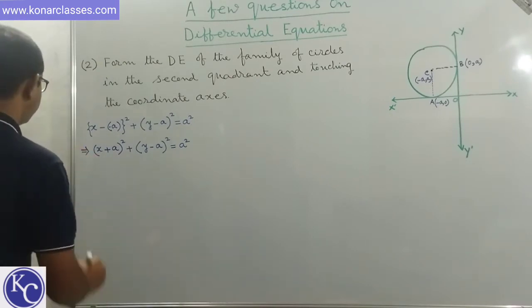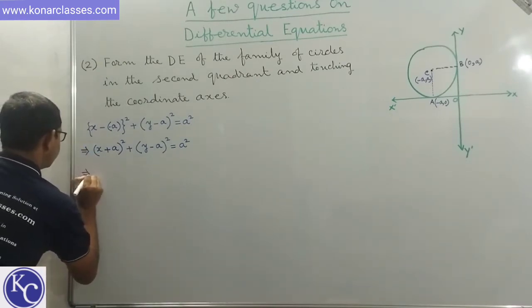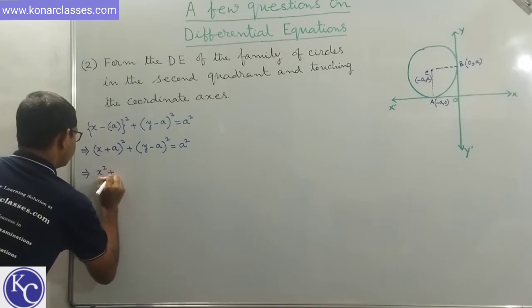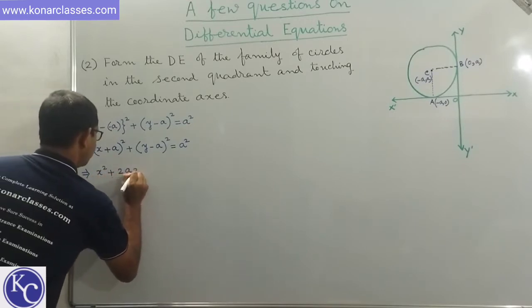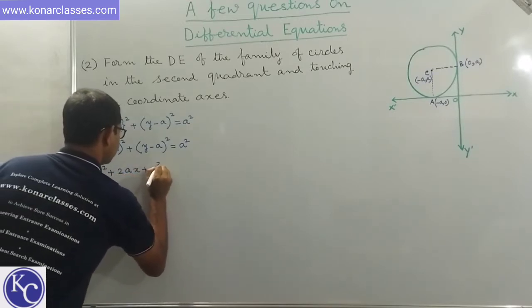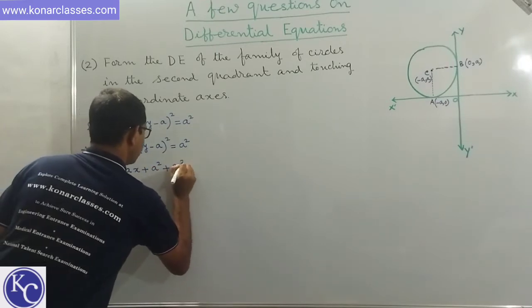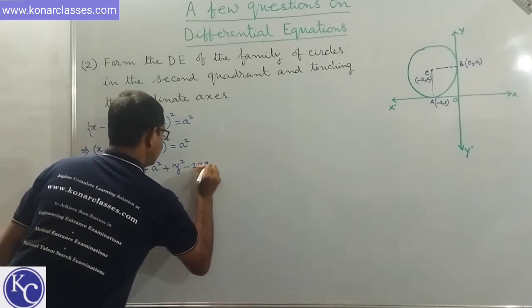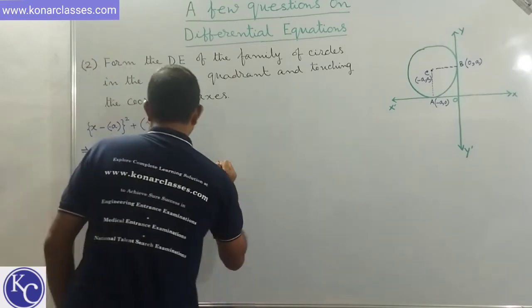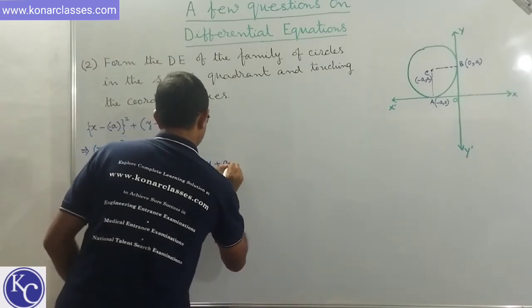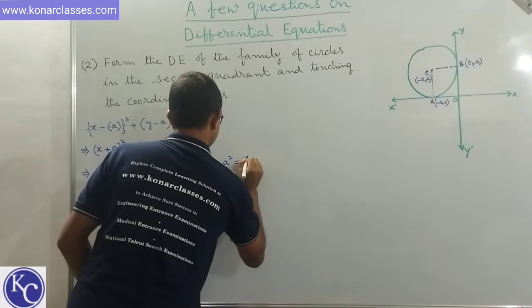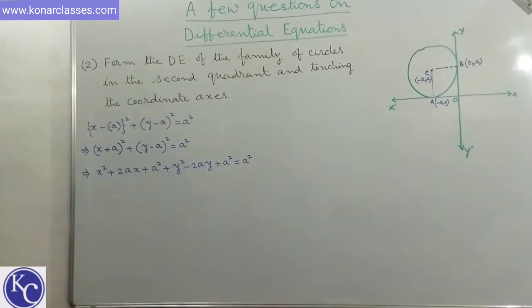Now let's simplify a little bit. So this implies x square plus 2 into a into x plus a square plus y square minus 2 into a into y plus a square is equal to a square, correct?